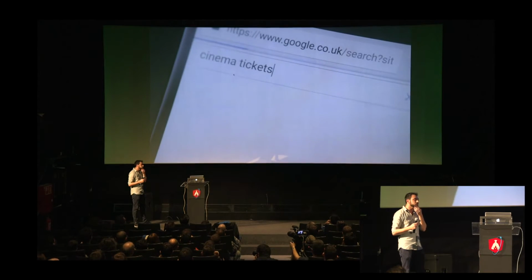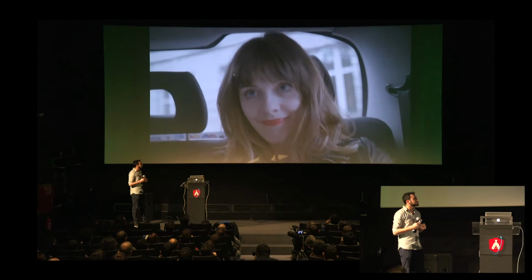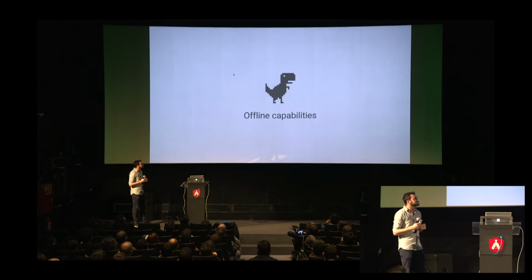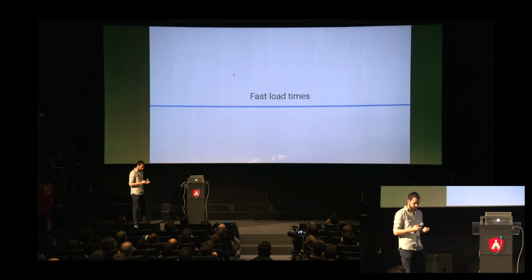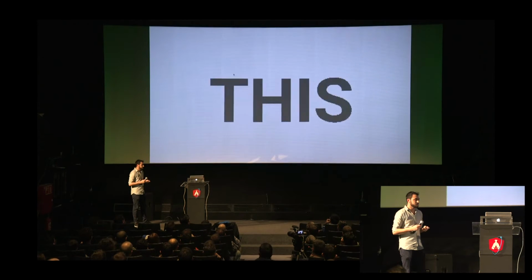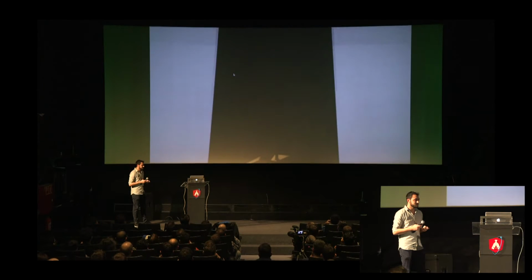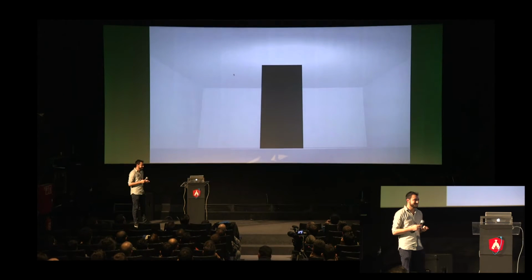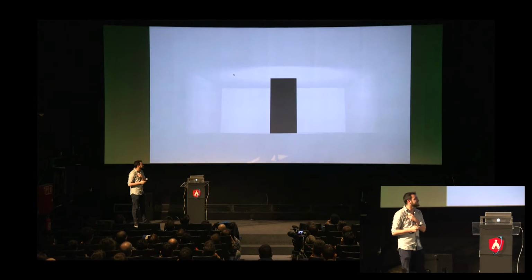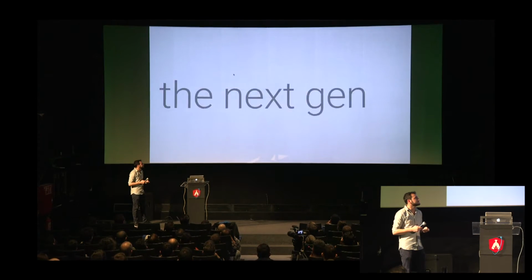Plus the ability to make quick payments on the go, and all from your browser. This is the next generation of the mobile web. So what are we waiting for? Let's go and build something great.